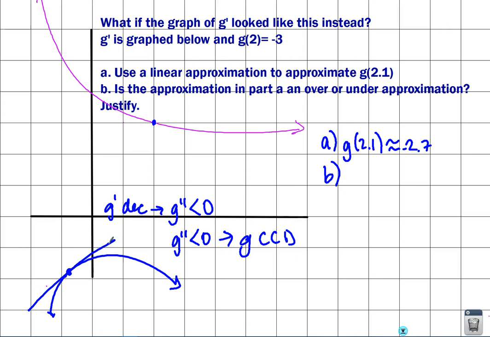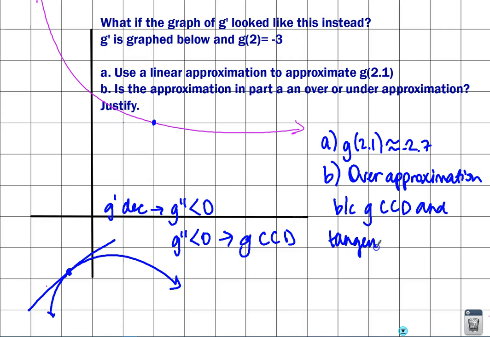So this is going to be an over approximation because g is concave down and the tangent line falls above g, or above the actual curve.